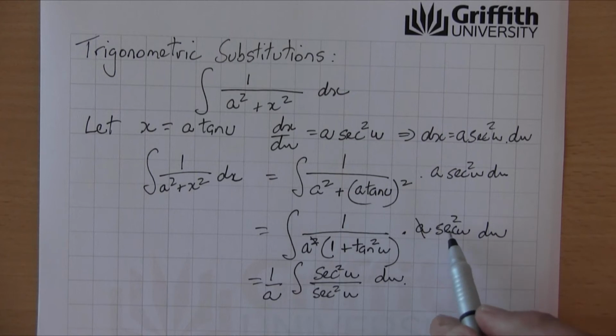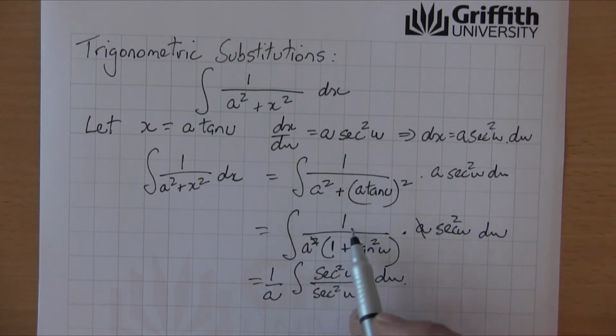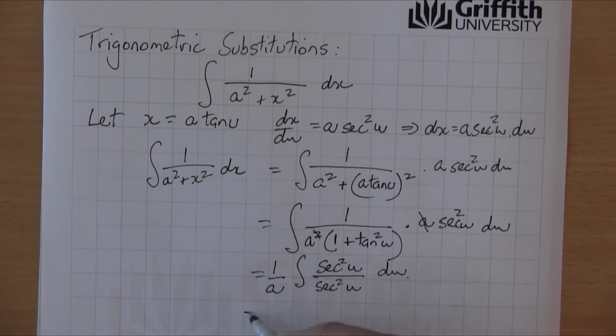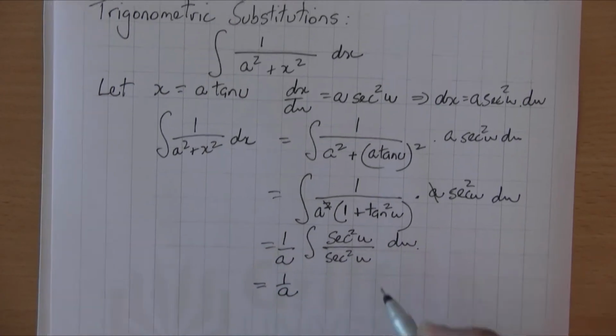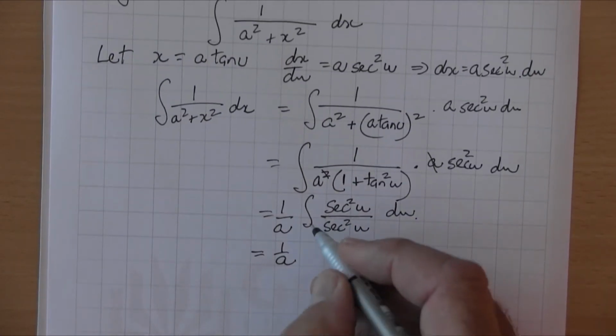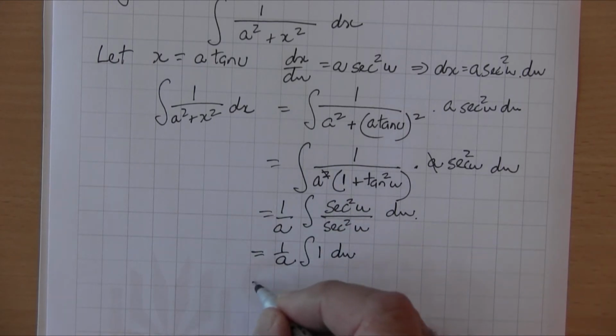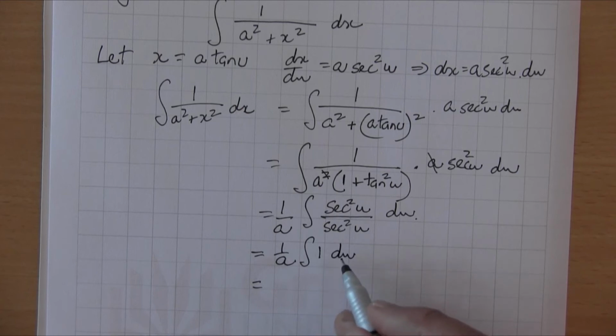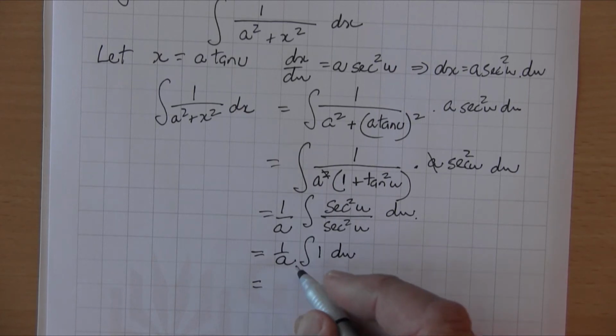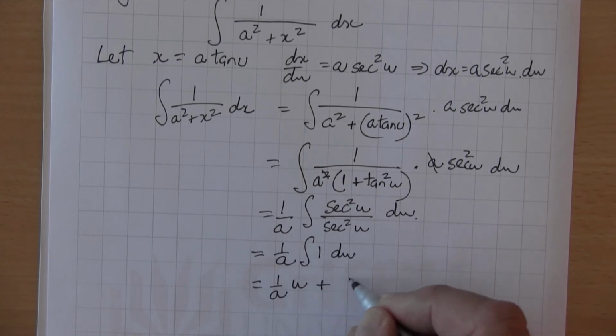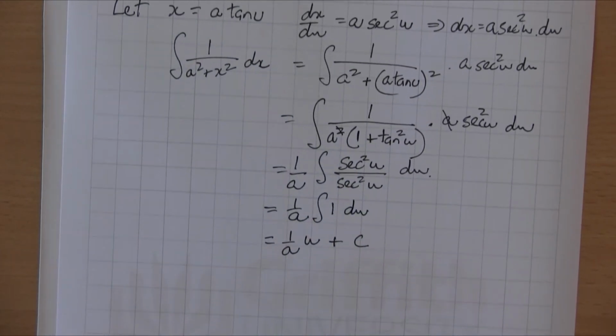So we've got 1 on a, sec squared u over sec squared u is just 1, integral of 1 du. The integral of 1 with respect to u is just equal to u plus the constant of integration.